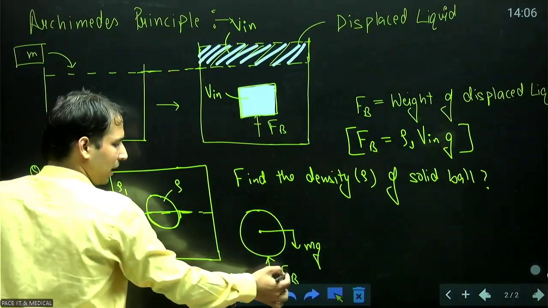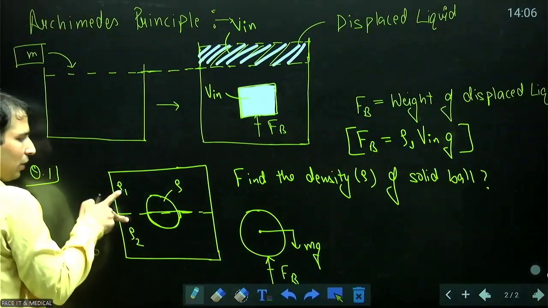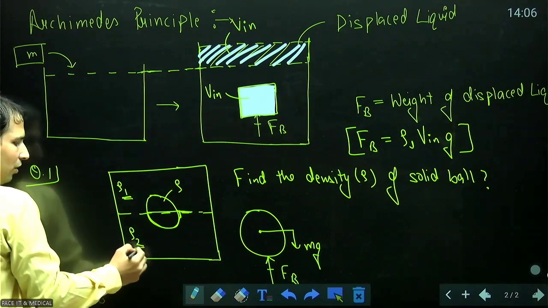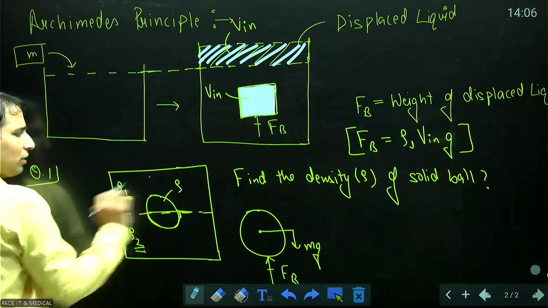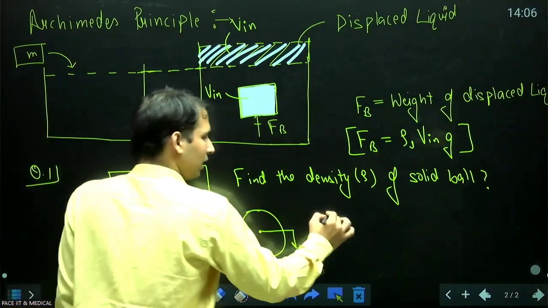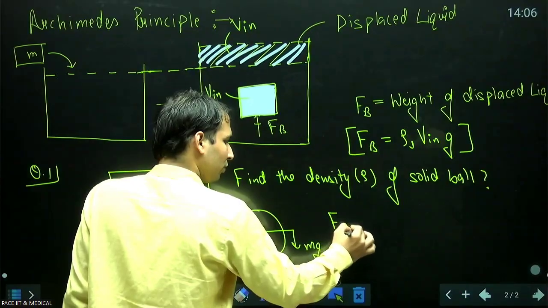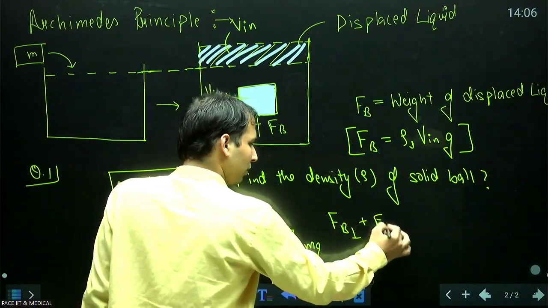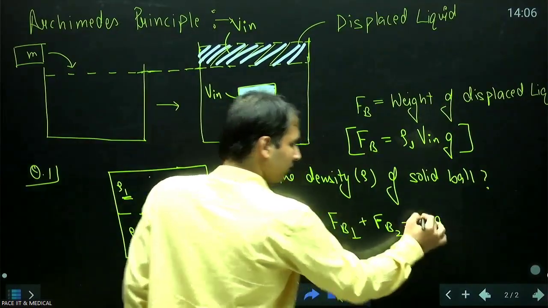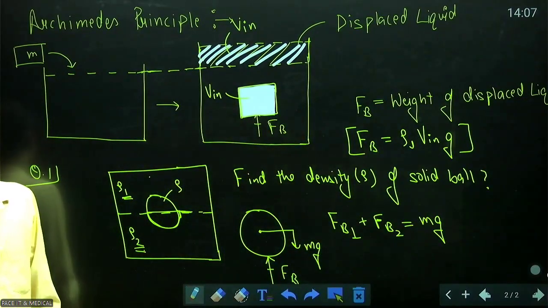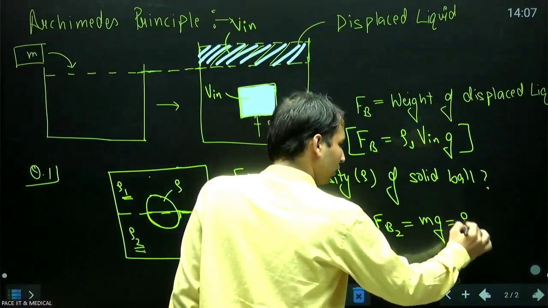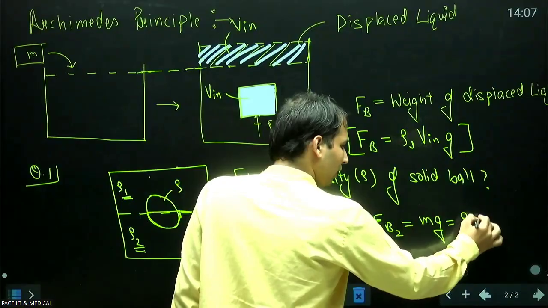Now we can write this buoyant force due to two liquids of density ρ1 and ρ2 and equate it to the weight of the body. So our equation will be buoyant force due to liquid 1 plus buoyant force due to liquid 2 is equal to mg, the weight of your solid ball. Mg we can write as the density of your solid ball, which we have to find, times its total volume times g.